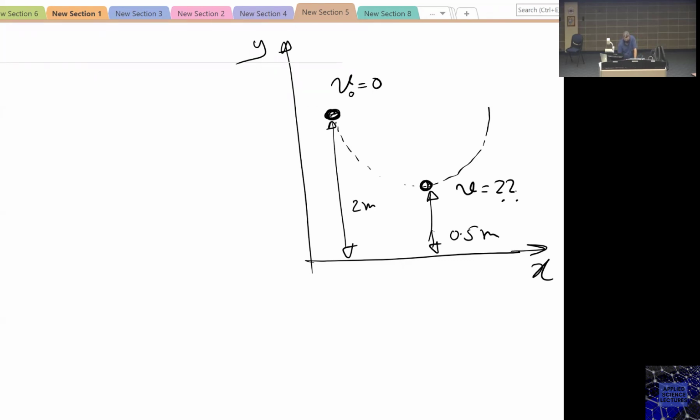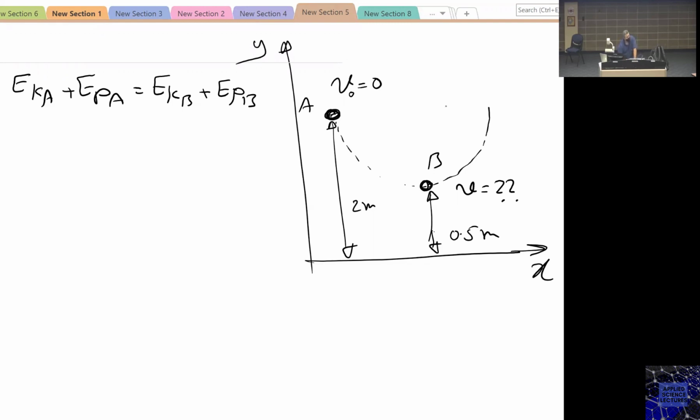So if I apply the conservation of energy at the initial and at the final, let me call this one point A and this one point B, then I have EKA plus EPA equals EKB plus EPB.